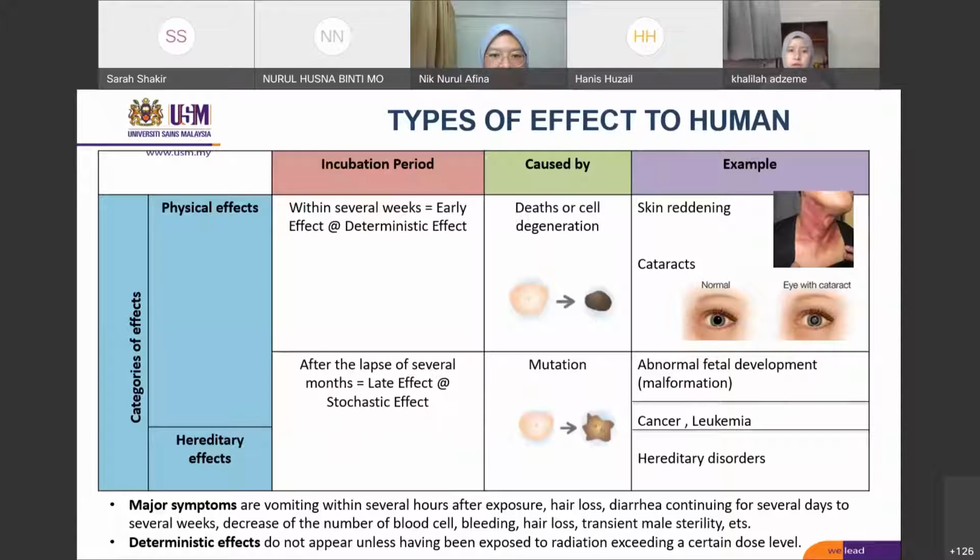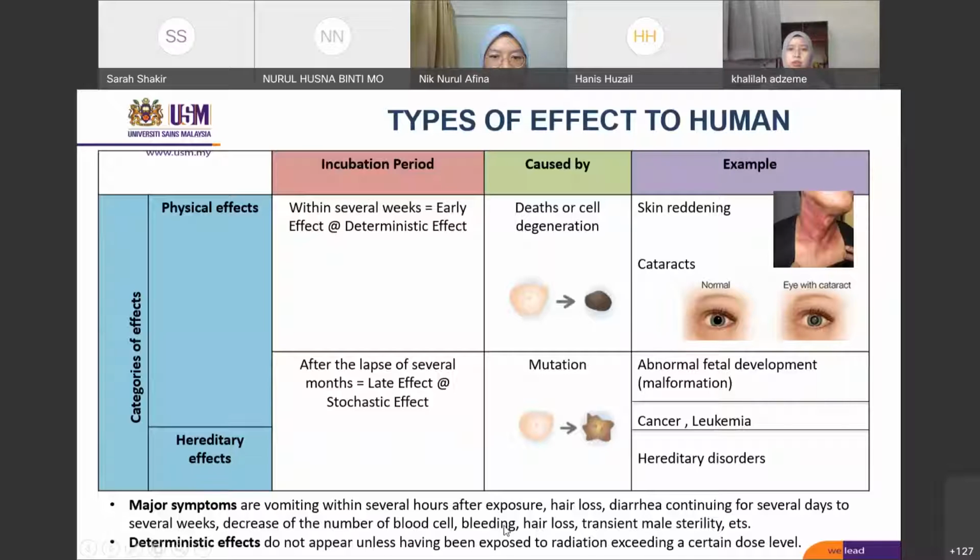Deterministic effects are symptoms caused by death or degeneration of a number of cells constituting an organ or tissue. For example, after exposure to a large amount of radiation, a skin injury may occur, which we can call acute radiation syndrome.